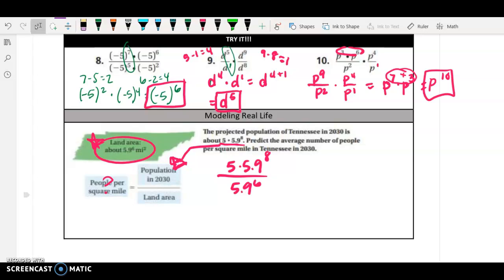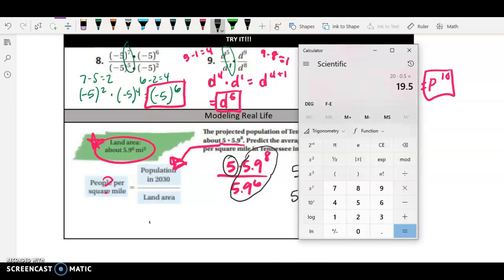And you'll notice that this 5 right here is not the same base as the other two, so I'm just going to leave it. So 5 times, and then these two are the same base, and so we can subtract. So 5.9 to the 8 minus 6, and so we have 5 times 5.9 squared. And so now we can square this number to simplify because we actually want to know what it will be. So 5.9 times 5.9 gives us 34.81.